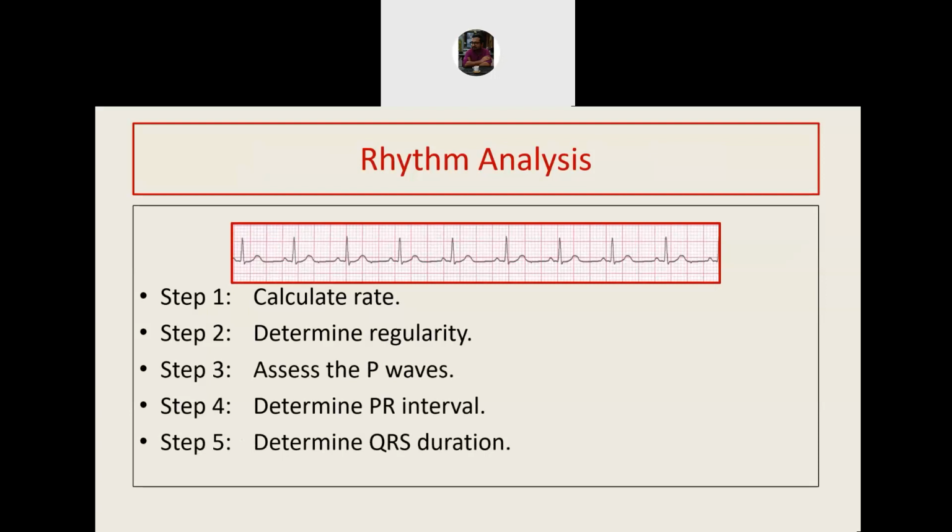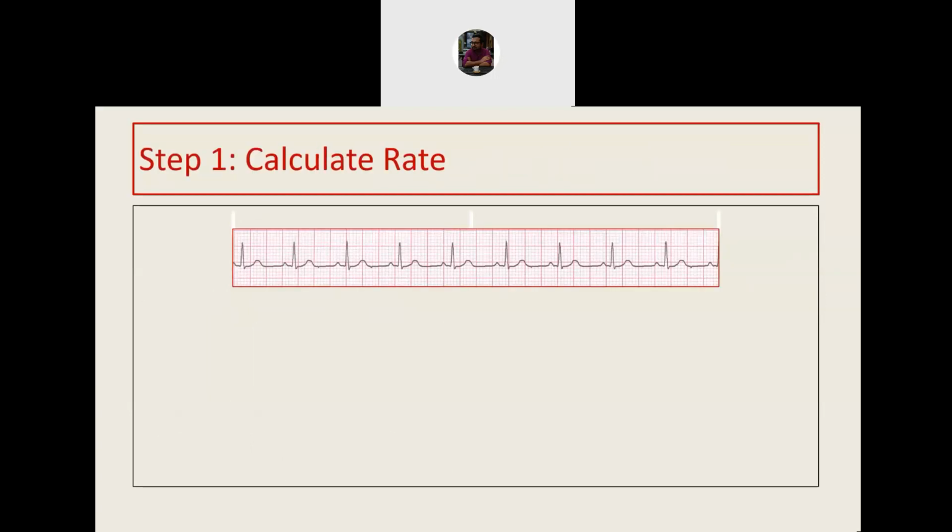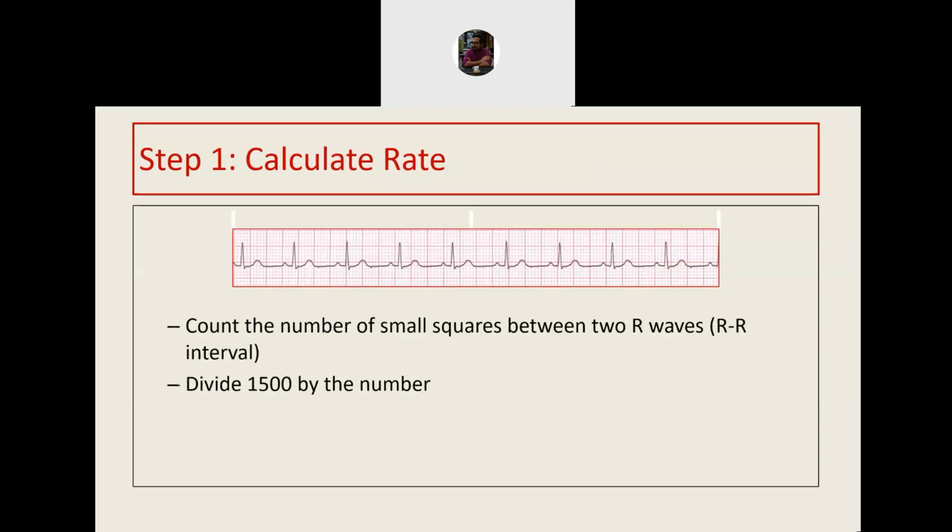With this, almost all of the different kinds of arrhythmias can be diagnosed. So how do you calculate rate? You find out the number of small squares between two R waves. This is called the RR interval. And then divide 1500 by that number.